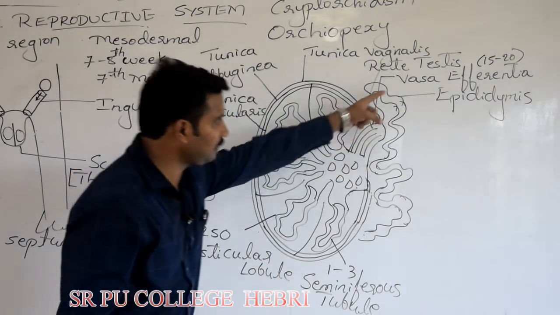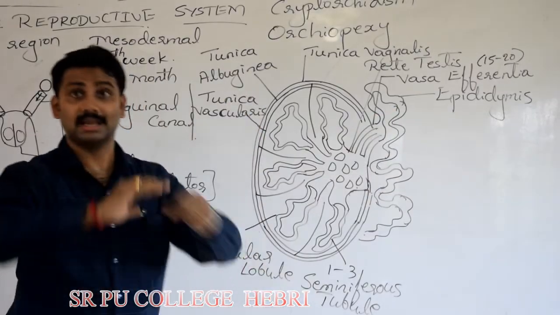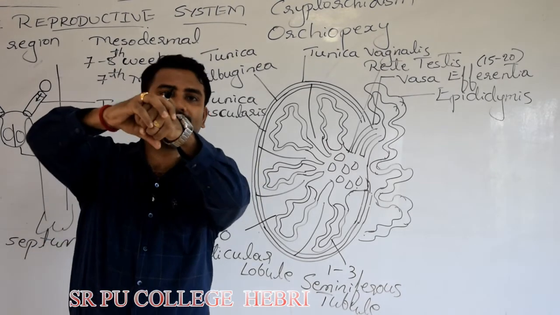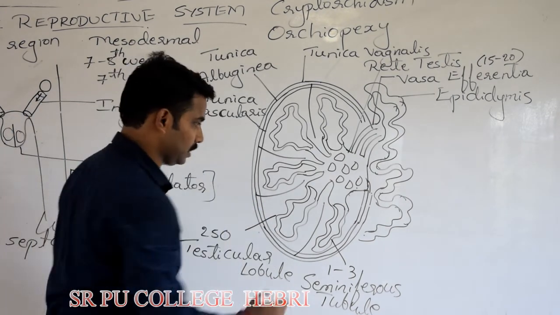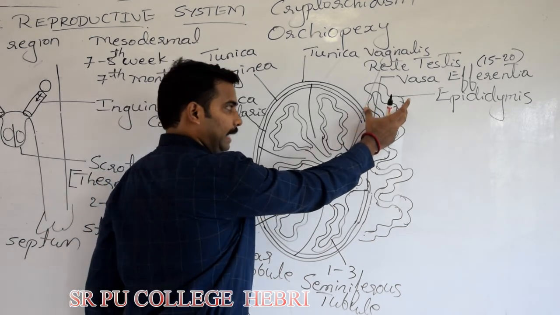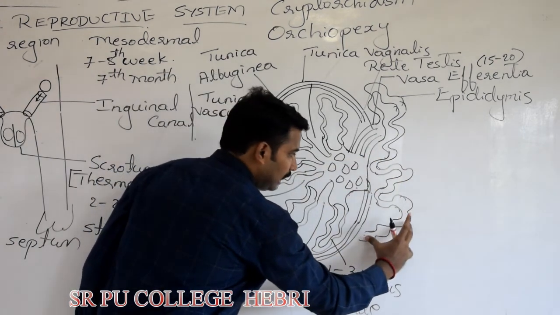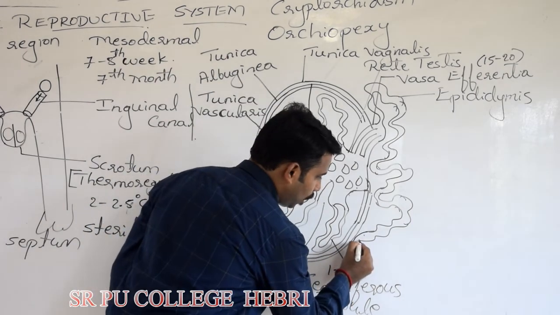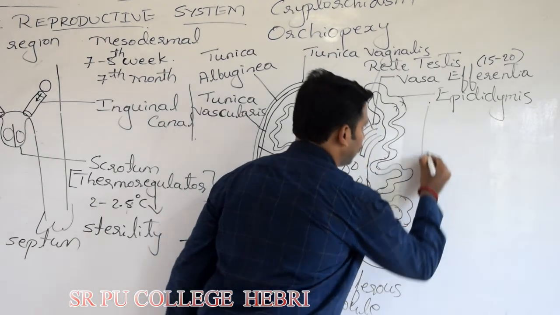What is that called? Epididymis. What is the length? 6 meter. Present inside the testis or outside the testis? Outside the testis. If you assume this as a testis, over the testis you will find a 6 meter long epididymis, which can be divided into the initial part called head of the epididymis, middle body of the epididymis, last tail of the epididymis, and finally the tail of the epididymis leads to a 40 centimeter long tube.